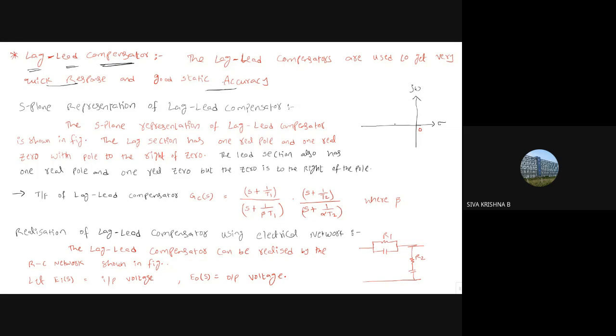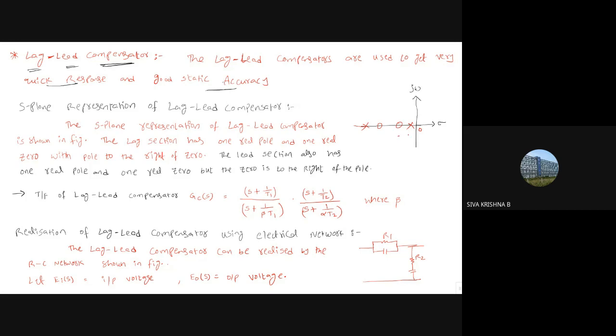So here it is saying lag lead. Lag in the sense which one is nearer? Pole is nearer, or zero is nearer. So lag means this is the lag network, and apart from that, this is the lead network.